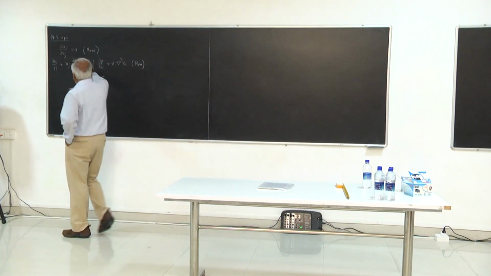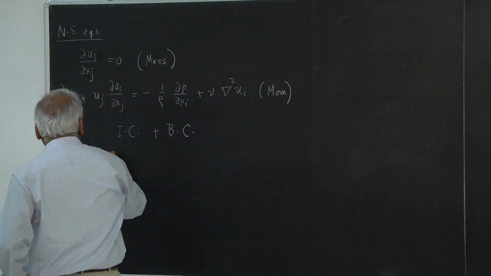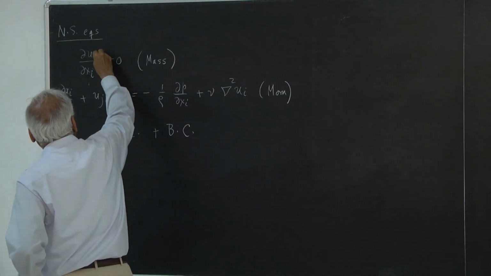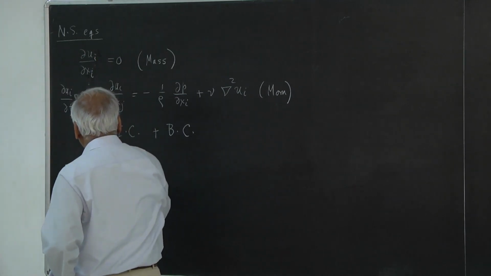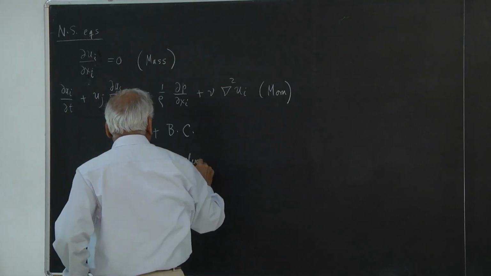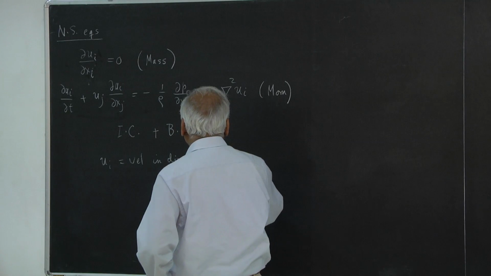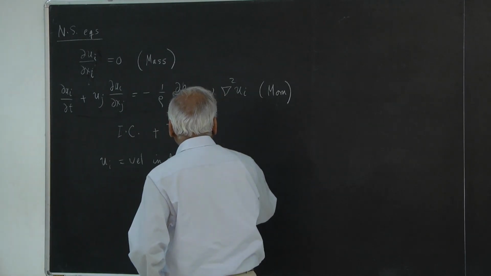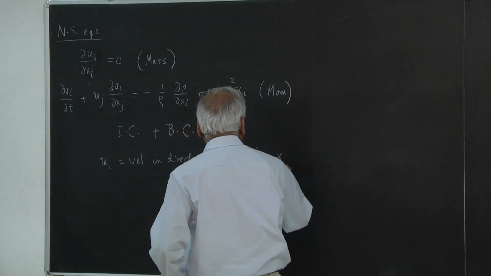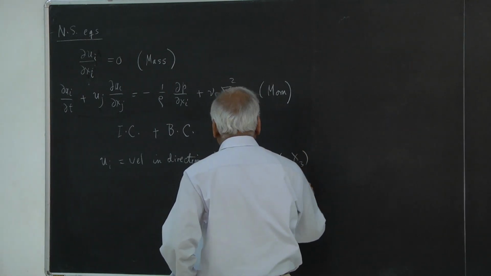So this here, uj or ui, I go back to ui just for the heck of it. ui is the velocity in direction i, where I use i, j, k for, say, x1, x2, x3, or x, y, z.